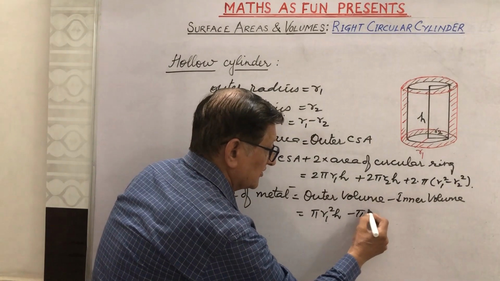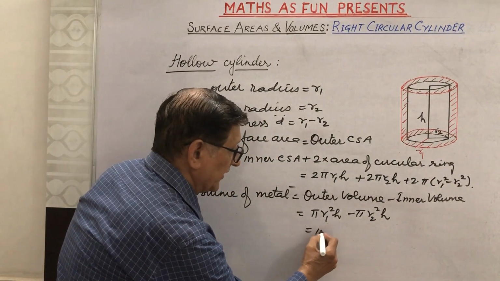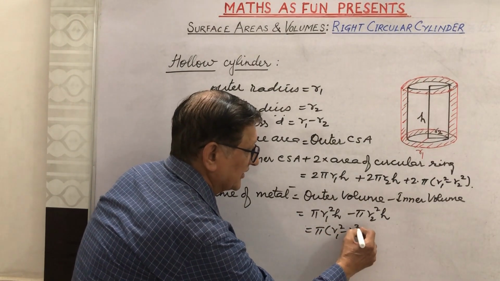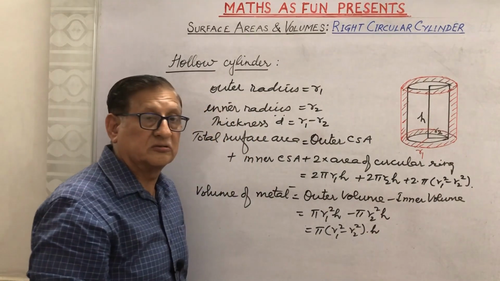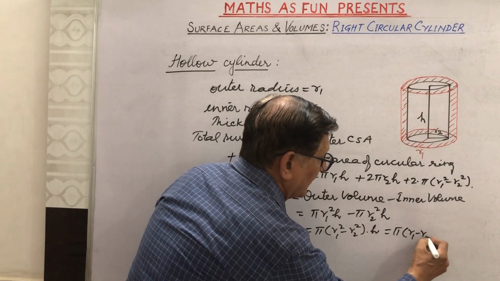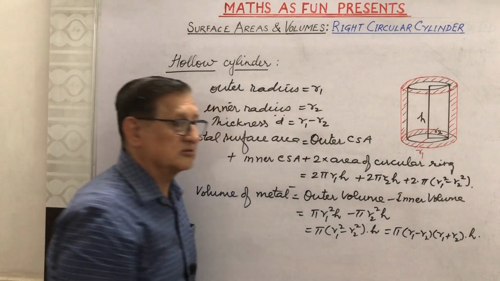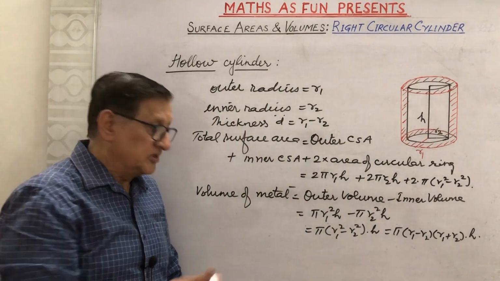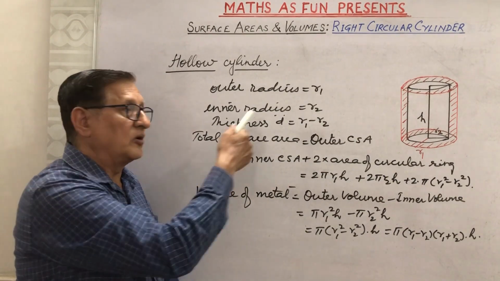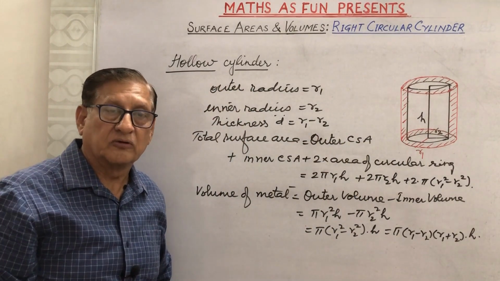Inner volume is pi r2 square h. If we take pi and h common, it will be pi into r1 square minus r2 square into h. We can also write this as pi into r1 minus r2 into r1 plus r2 into h. This becomes the formula to find out the volume of the material or metal of which this hollow cylinder has been made.